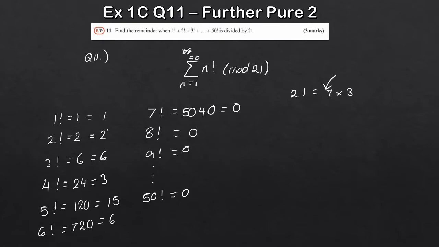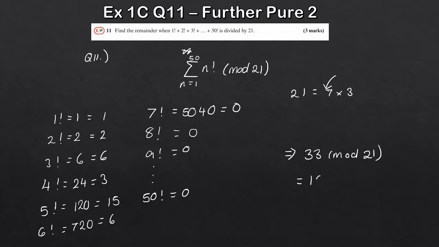So if we add all these up and take mod 21 again, we're going to get our answer. So 1 plus 2 plus 6 plus 3 plus 15 plus 6 mod 21. If you add these together, you should get 33. So therefore this is 33 mod 21, which gives you 12.